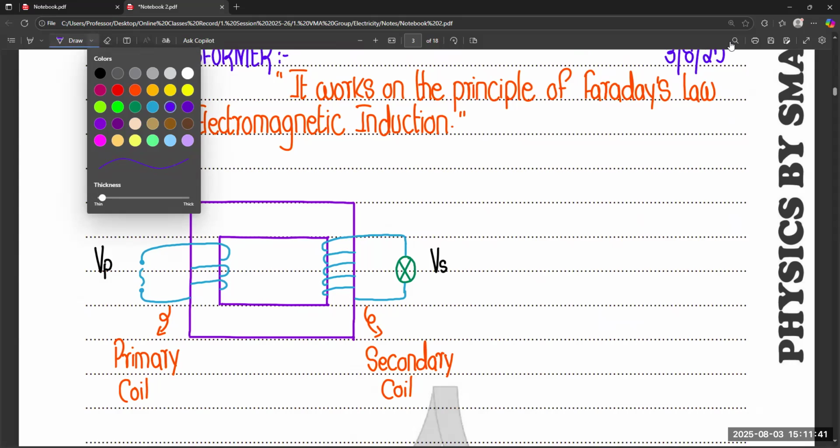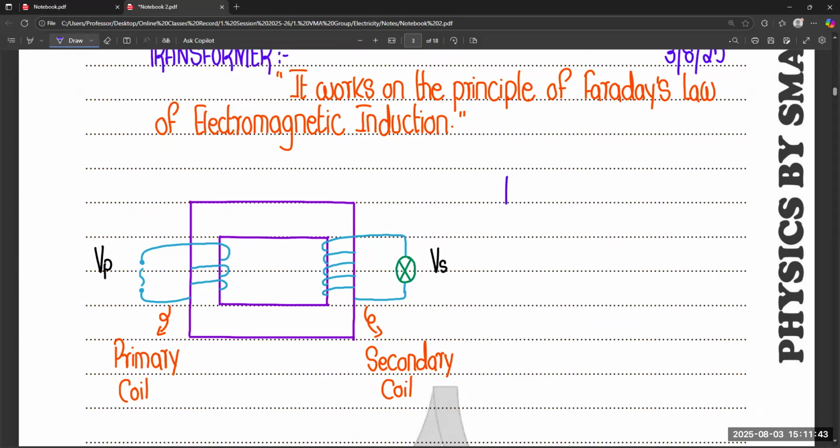And if we talk about the working of the transformer, the working of the transformer is very simple. On the left hand side, we have an alternating current source connected. Because of the alternating source of current, the direction of the current changes alternately, and it also produces an alternating magnetic field. Because of that alternating magnetic field, the direction of the magnetic field lines alternately changes.